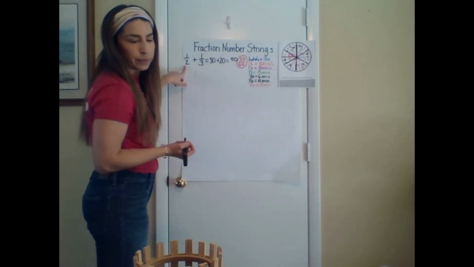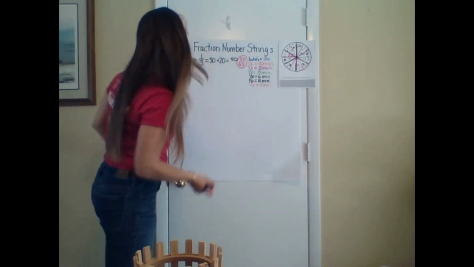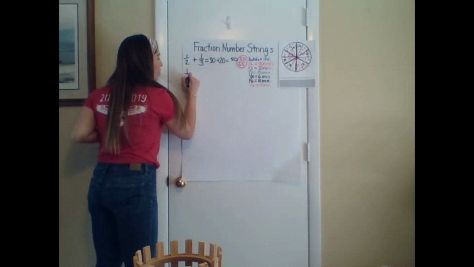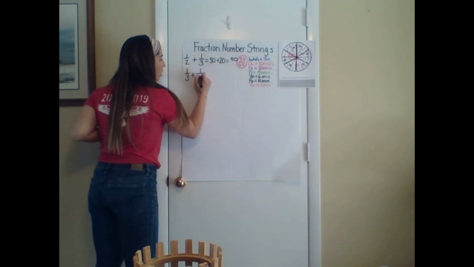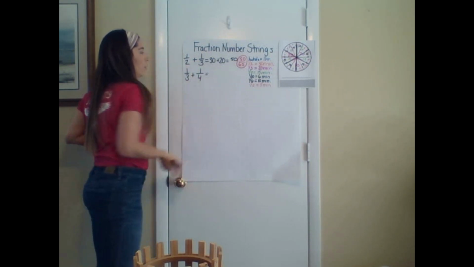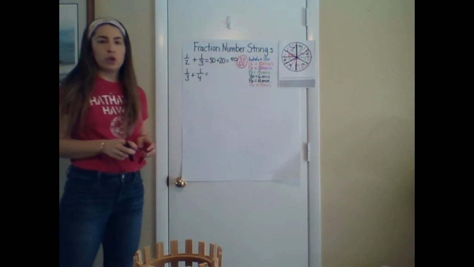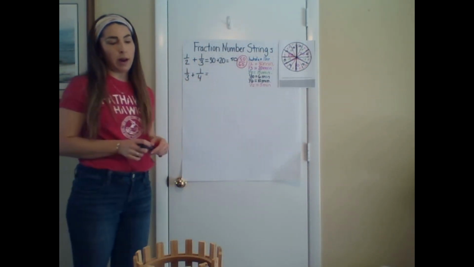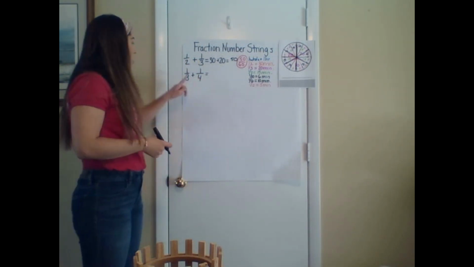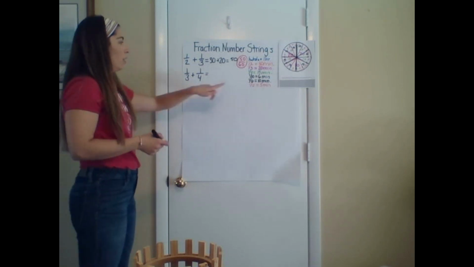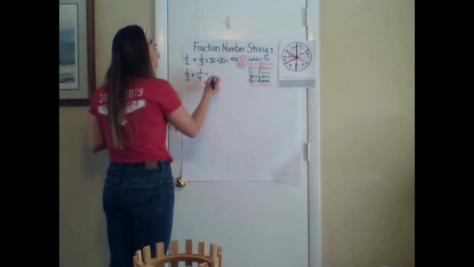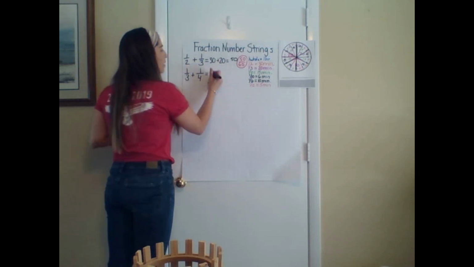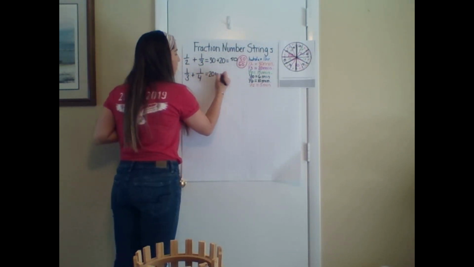Next one will be 1/3 plus 1/4. Pause now if you would like to solve by yourself. You can also use the first problem to help you figure it out. Looking at our key and our clock, we know that 1/3 is equal to 20 minutes.